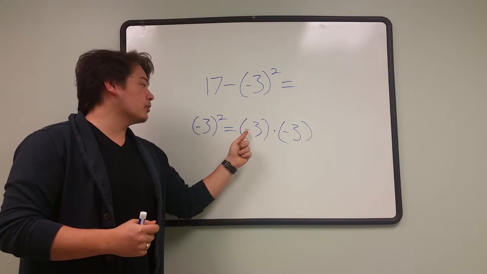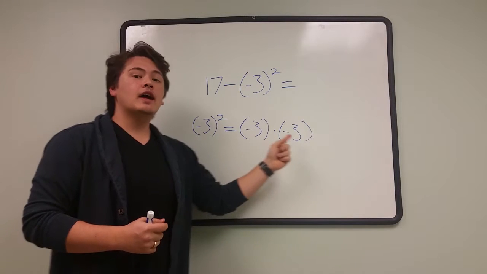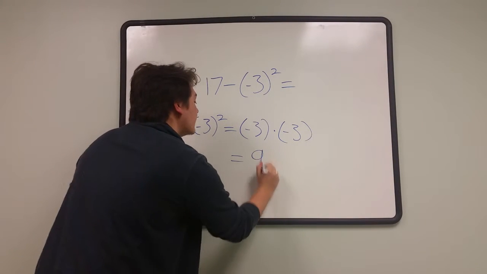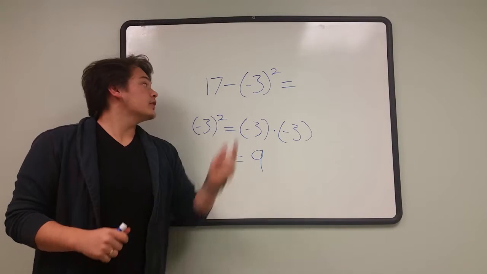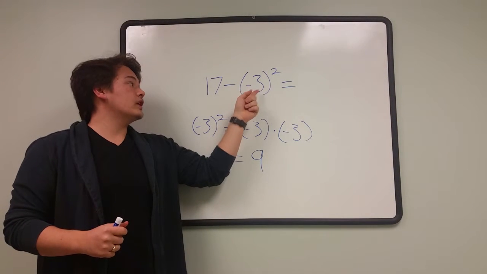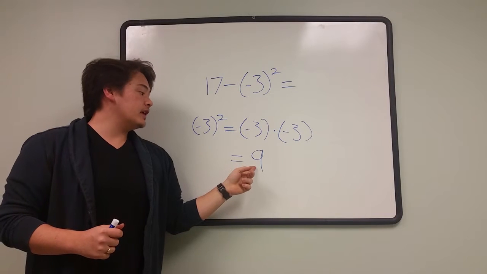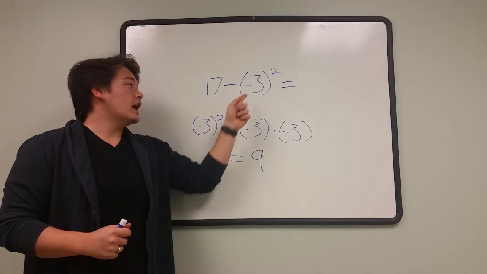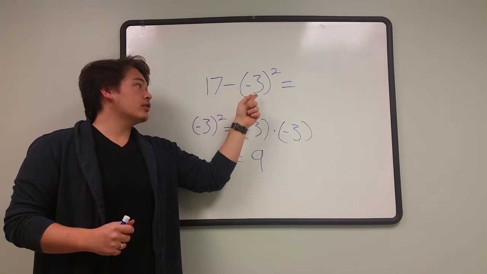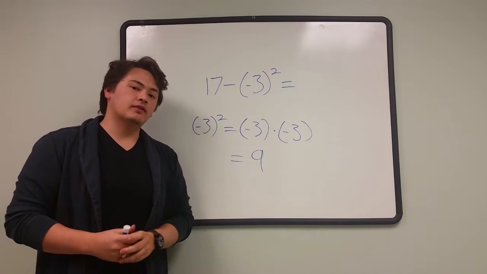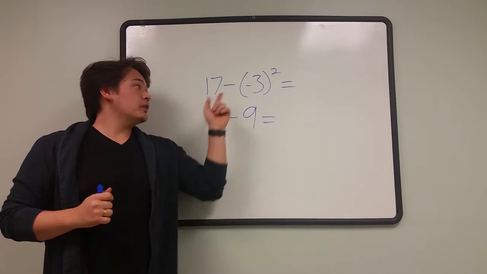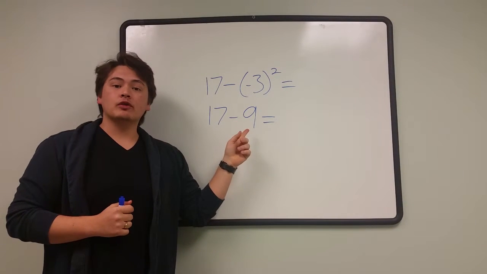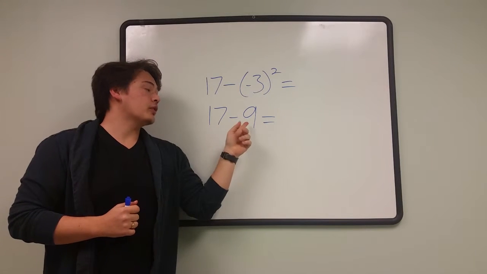So in this case, when we're multiplying negative 3 times negative 3, this is going to equal a positive 9. So now that we know that negative 3 to the second power is equal to a positive 9, we're going to replace the negative 3 squared with a positive 9.